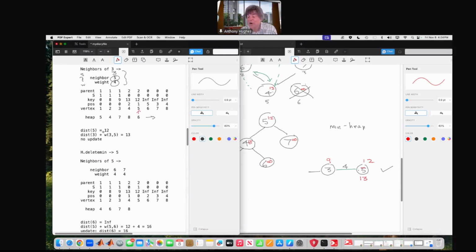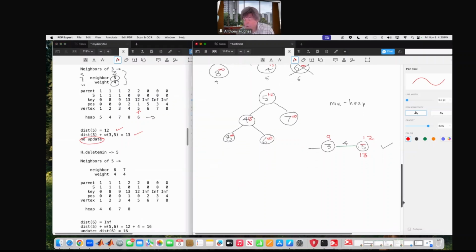The distance to 5 is 12. Check. The distance to 3 plus the weight from 3 to 5 gives you 13. Check. And so no update. We only update the distance if it's cheaper. Let's move on to the next one.